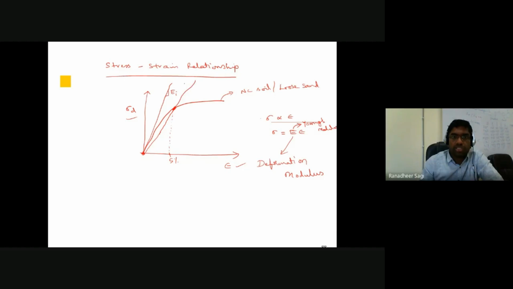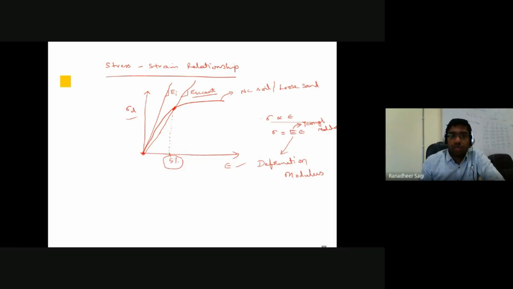I'll be extending that straight line, and the slope of this line is what is more technically called as secant modulus. The earlier one, you might have called it as your tangent modulus. This is what we call as your secant modulus. The term secant modulus is once again defining what is called as your deformation modulus of the soil only, but for corresponding some strain.